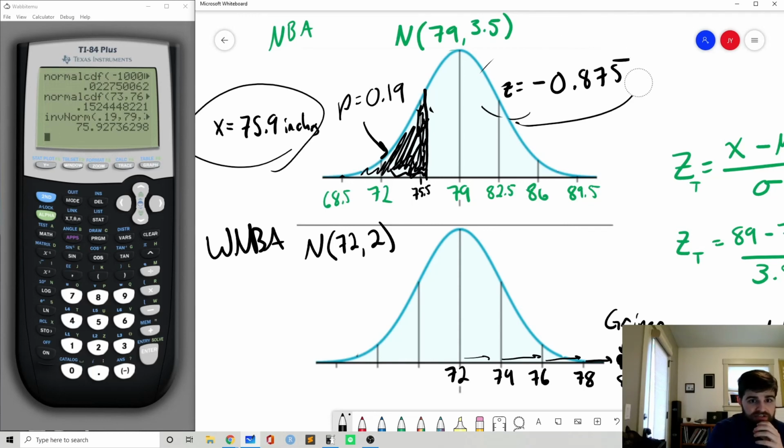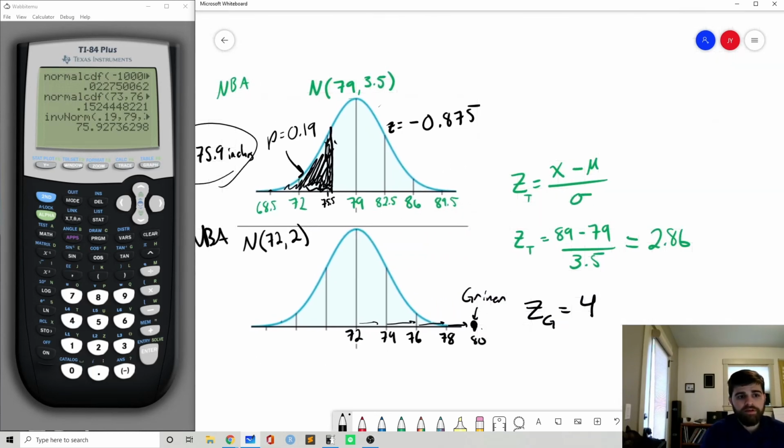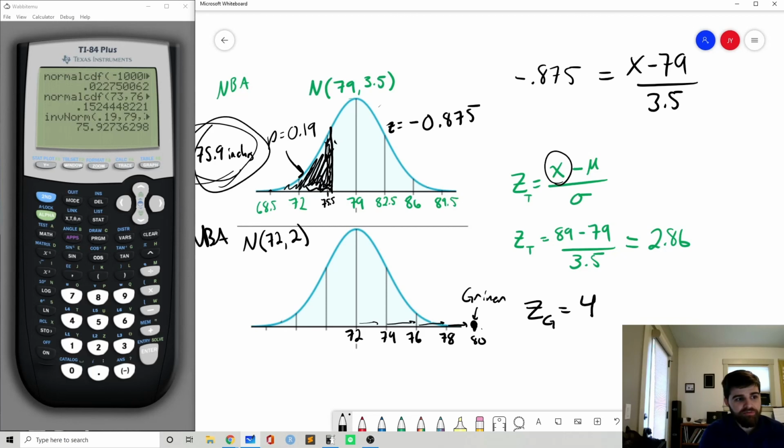Again, we're using the same equation we used earlier for taco. This time we just happen to know what z is and we don't know x, but we can work backwards. Some pretty straightforward algebra. Multiply by 3.5, add 79, and we should get something really close to what we got using the calculator. All right, guys, thanks, and we'll talk about this again next week.